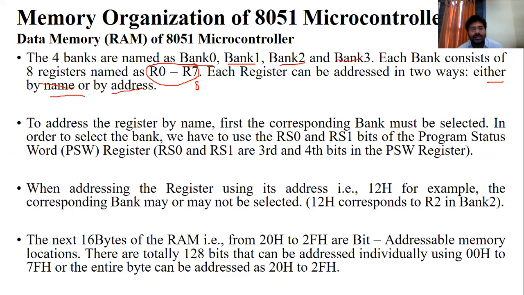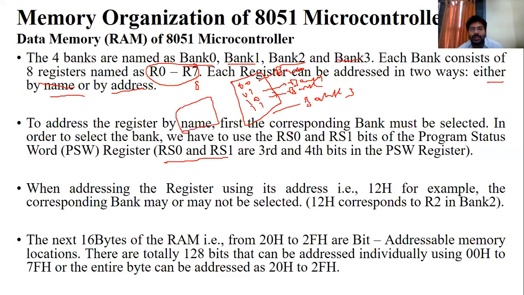By name or by address. By name is nothing but RS0 and RS1: 00, 01, 10, 11. This is bank 0, bank 1, bank 2, bank 3. This is one way it is represented, namely by name.